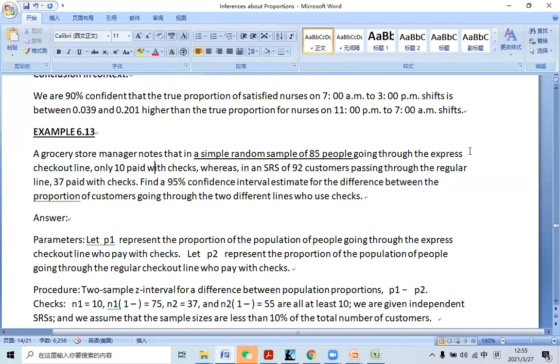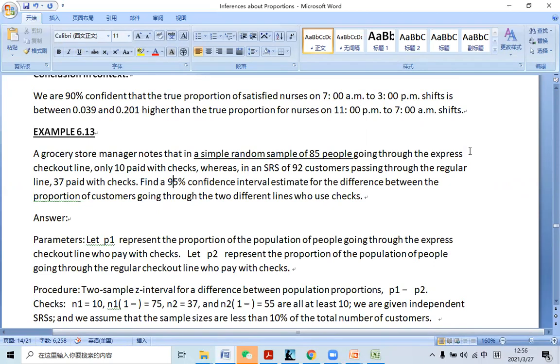Only 10 paid with checks. Well, how many people pay with checks? Very few people would pay with checks nowadays. On the other hand, you have another simple random sample, 92 customers passing through the regular line, 37 still pay with checks. That's a really high proportion.